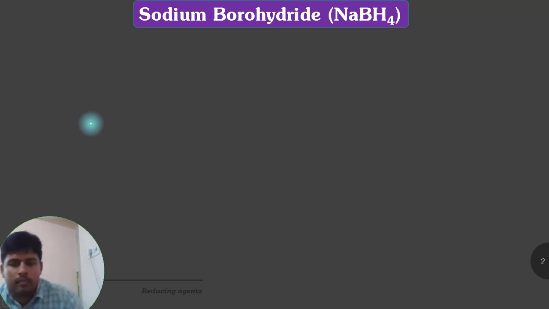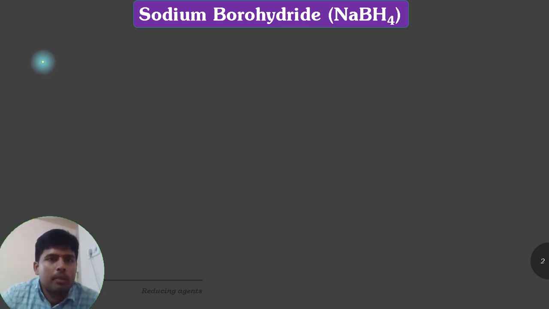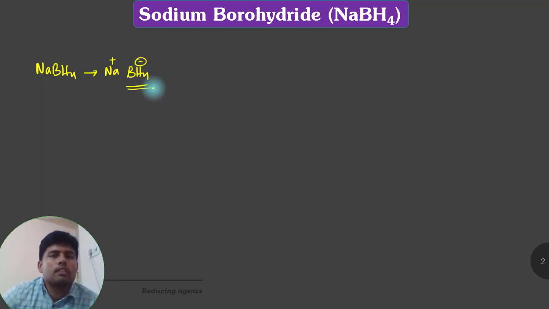So when we look at NaBH4, it's actually Na+ and BH4-. Because of this boron carrying negative charge, this can act as an H- donor.